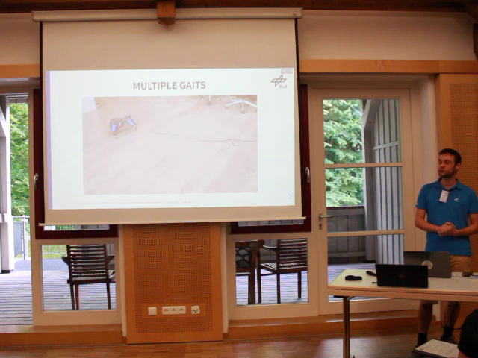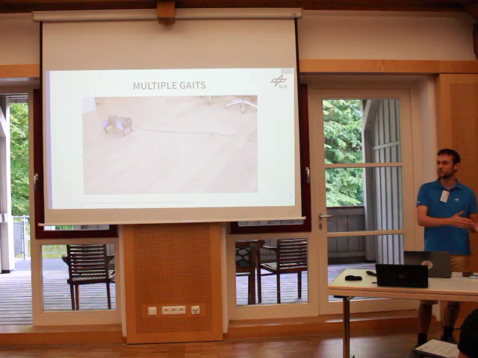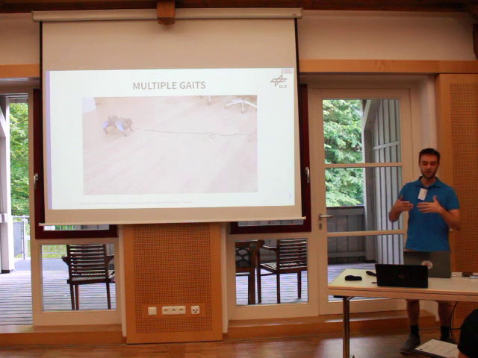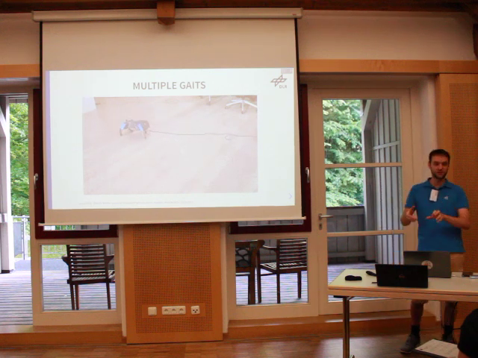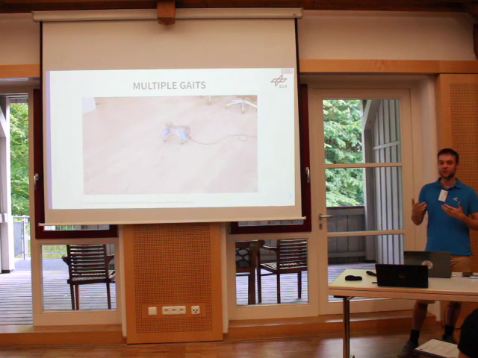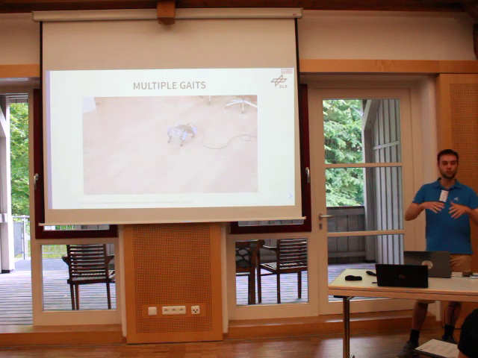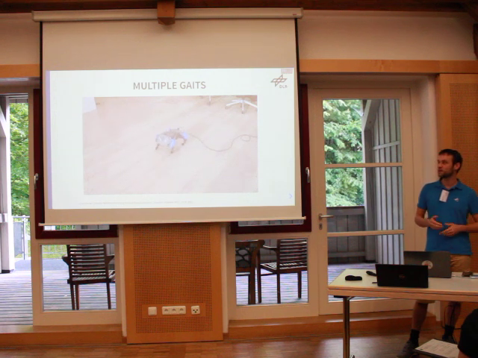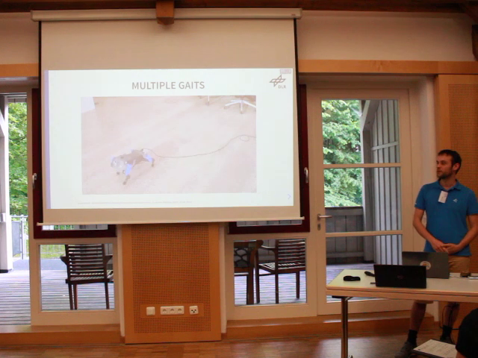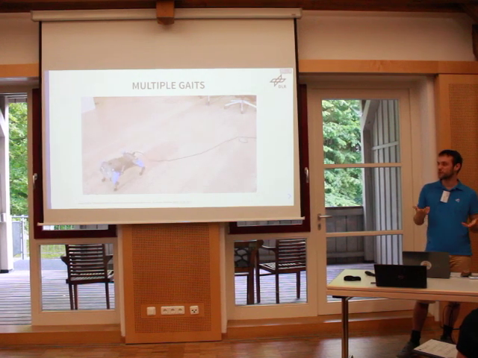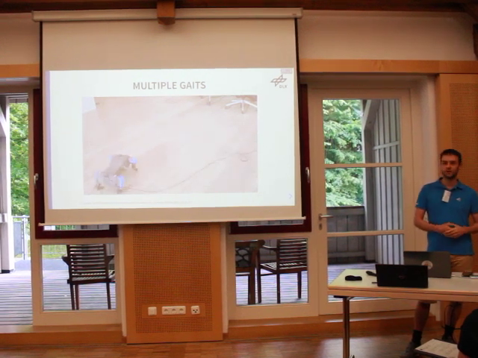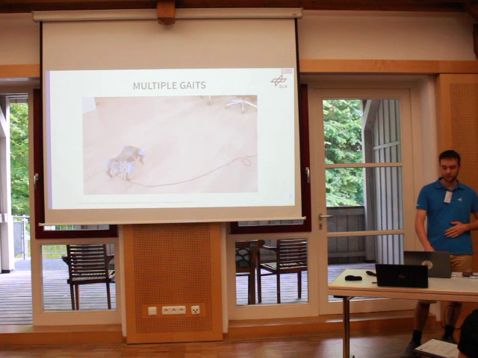And this is something that would require lots of reward engineering, where here it's by design, you can choose the gait. And what I'm actually also doing now is not only having a fixed gait, but also letting the robot explore what is the most efficient gait, or what are all the possible gaits that are achievable for that robot. And I'm doing that by directly optimizing on the real robot.